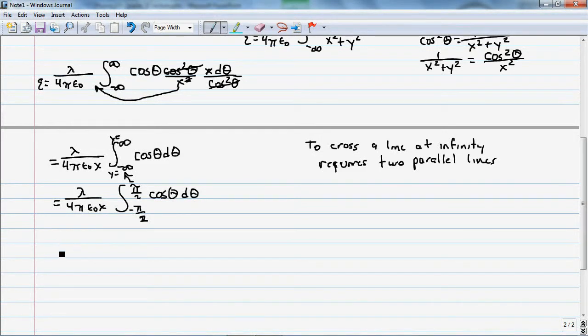Okay, so we have our constants here at the front.